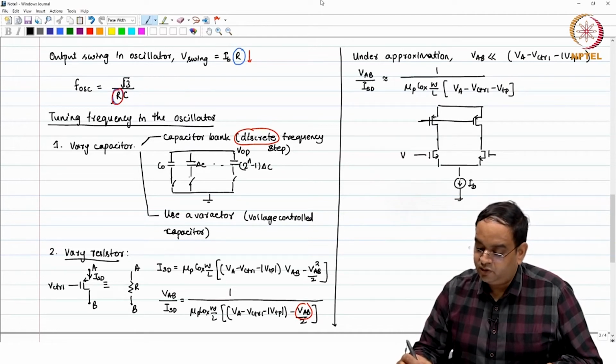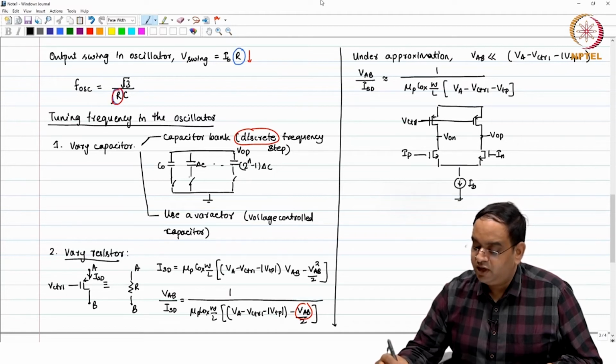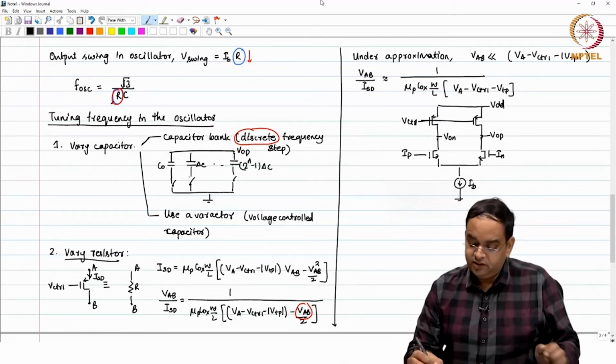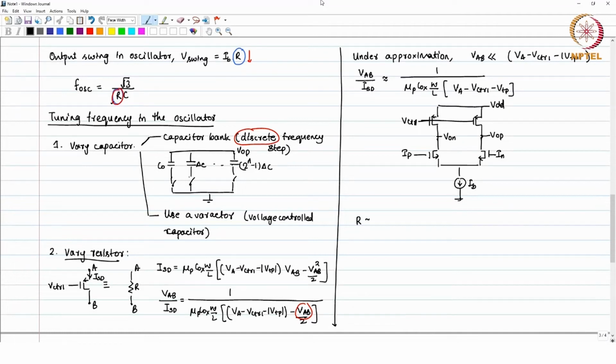So, this is your IP and IN, VOP, VON, and this is V control. Here you have VDD. So, for this case, the equivalent resistance is 1 divided by mu p Cox W by L into VDD minus V control minus mod VTP.